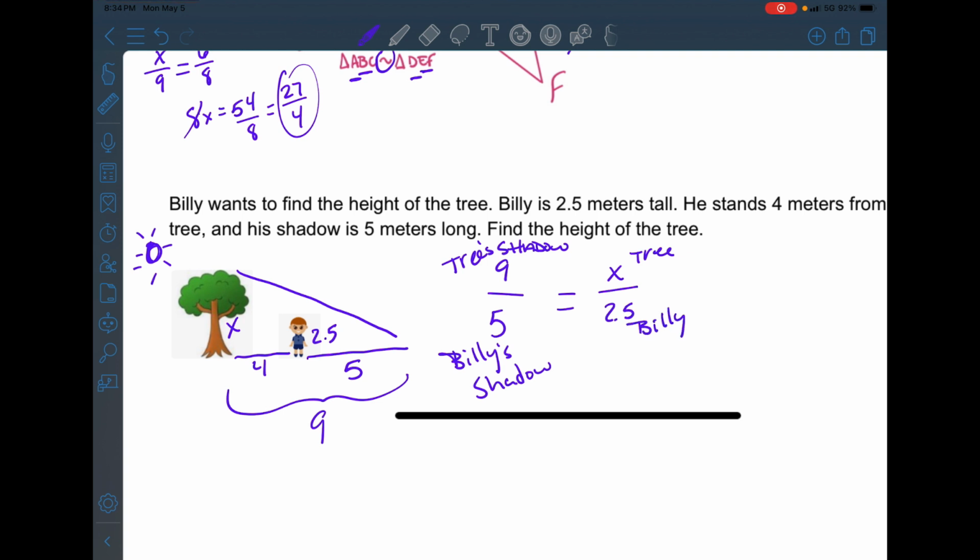And that would be how to set it up. Now, just like I said on the last problem, if I flip this around, if I do 5 over 9, it has to equal 2.5 over X. Okay, so if I flip one, I have to flip the other. Also, I can swap sides. I can put X over 2.5 equals 9 over 5. It's okay to do that too.